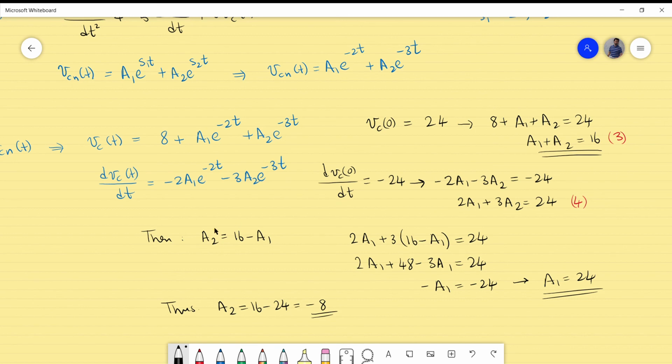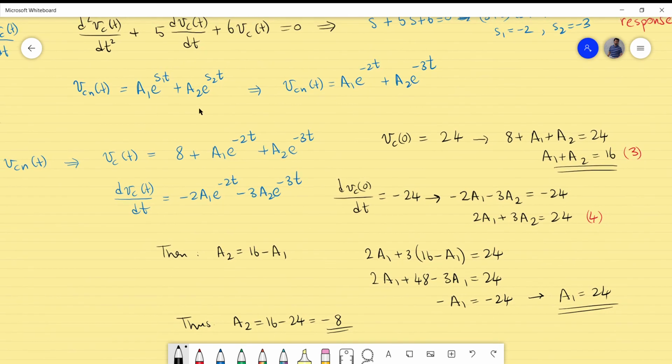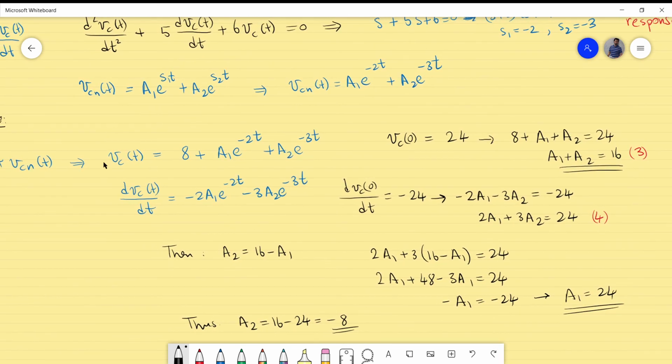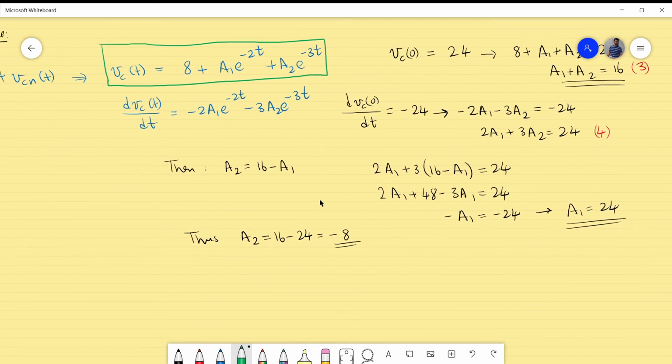So we can fill in the total solution, which is shown here. This is the total solution. I will make it in green. This is what we will substitute for a1 and a2. I will use here a1 as 24 and a2 as minus 8, and I'm actually done. So let's do that.